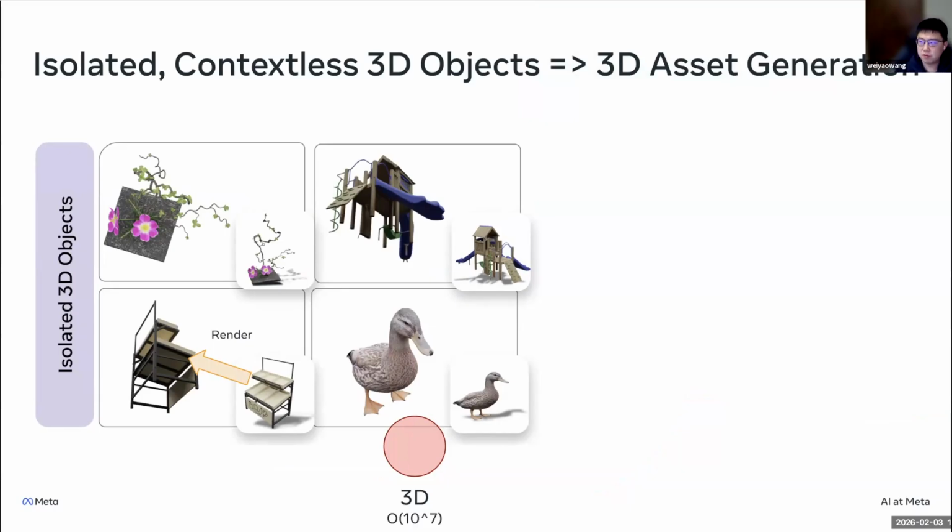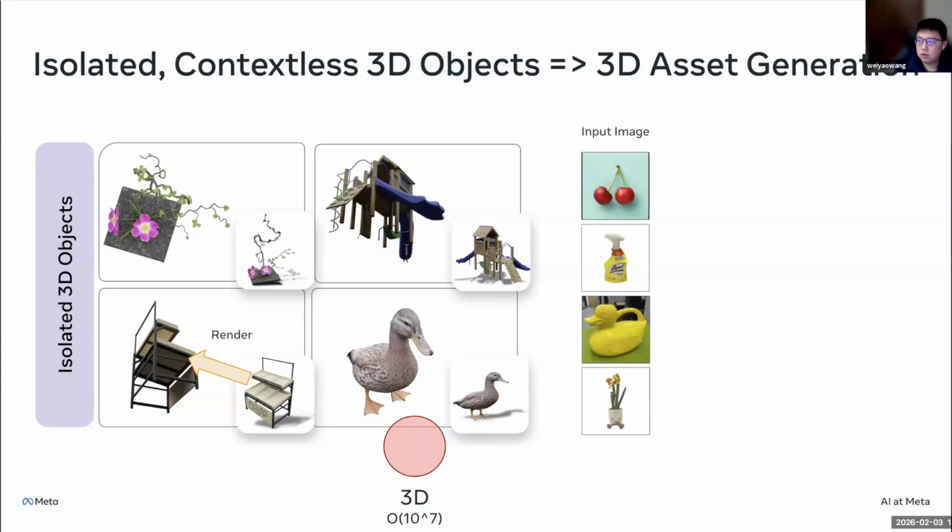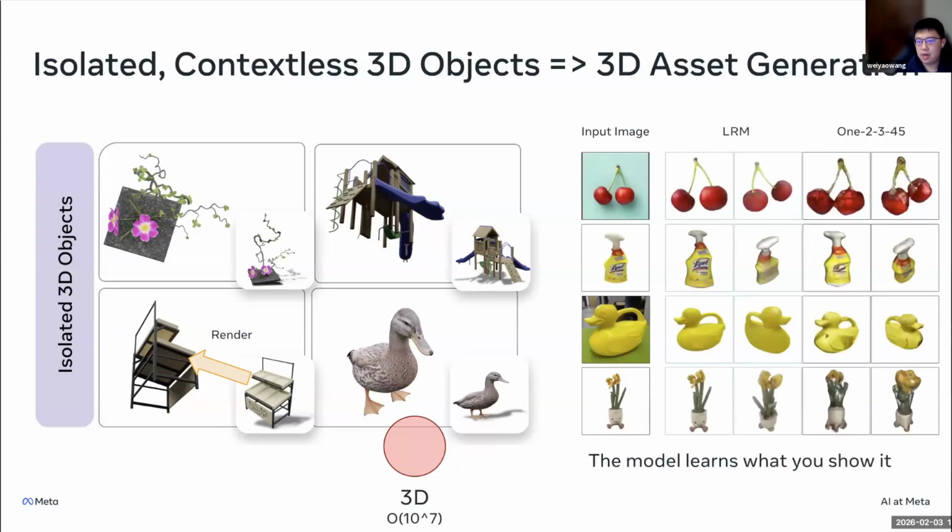While this is valuable, in this setup the objects are often centered in the image, they don't have any background, and they're often unoccluded, which is far from what the real world looks like. Training on such data led to impressive results, but they were mostly what you saw on the right. Again, this is just asset generation. You can't really get the full 3D reconstruction that we saw from SAM3D.